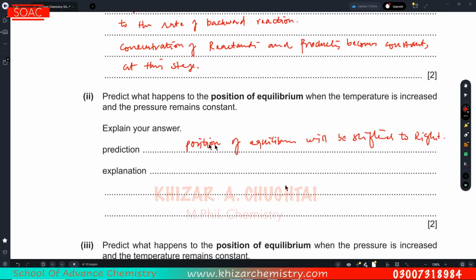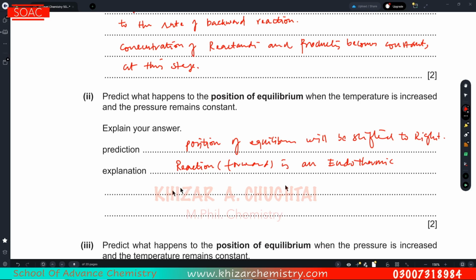Explanation number 1: the forward reaction is endothermic, right? This is the basic thing.